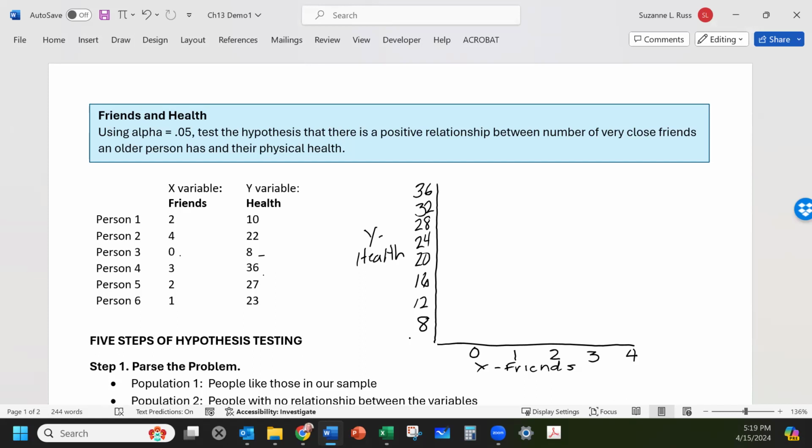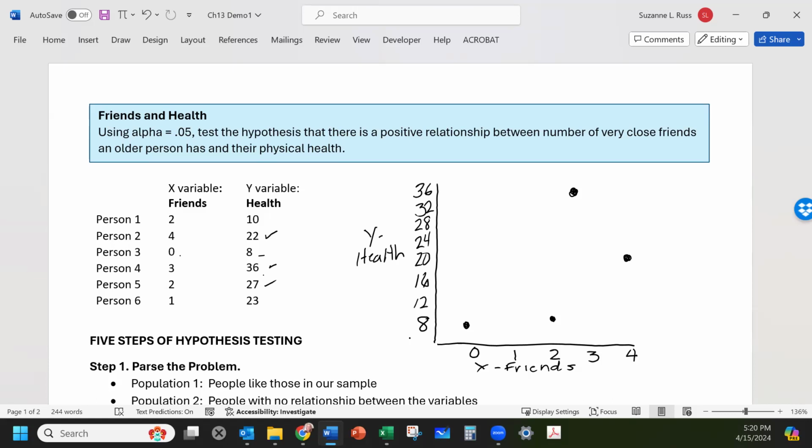So our first person has 2 friends and a health of 10. So here's the 2, and the 10 is pretty low, way down about here. Our next person has 4 and 22, 4 friends, and 22 on the health scale will be right about here. 0 and 8 for our next person will be right around here. 3 and 36, 3 and all the way up to the 36. 2 and 27.